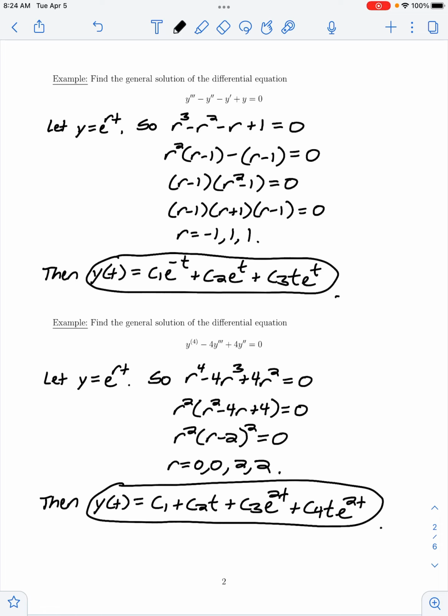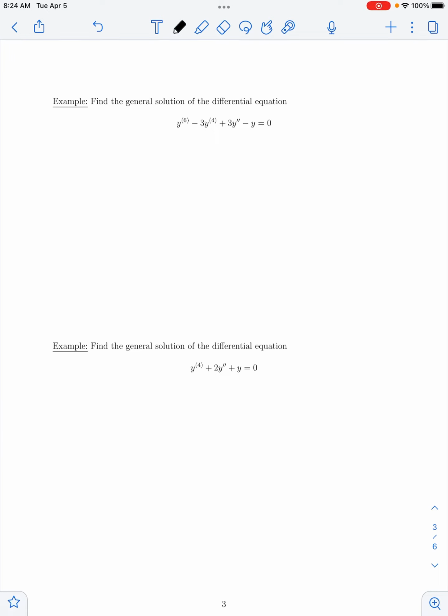Okay, so let's look at some other examples. In this next example, we have the same sort of problem. We are asked to find the general solution of this differential equation. We have here a sixth order homogeneous linear equation with constant coefficients. And so our approach will be the same.